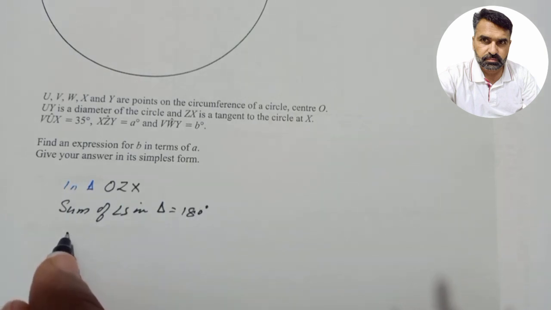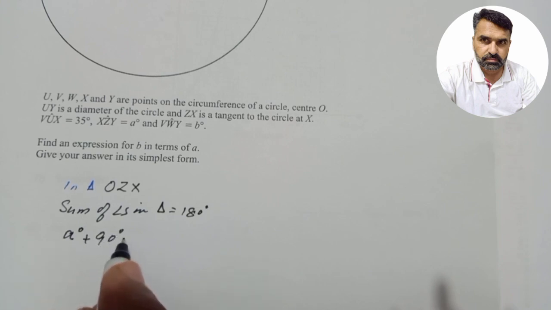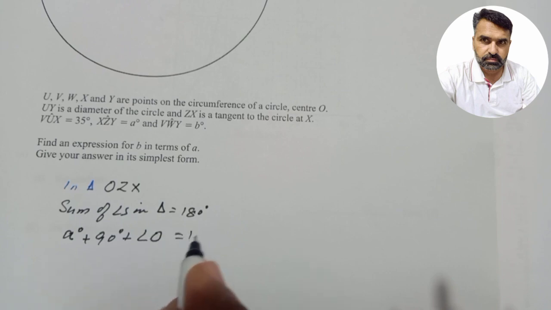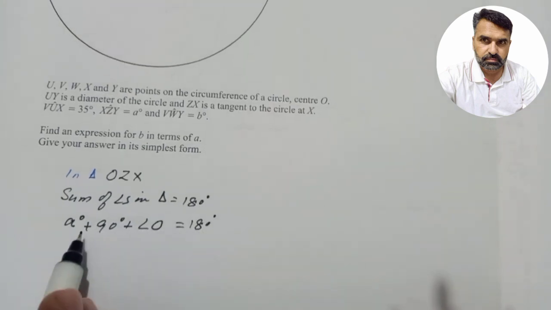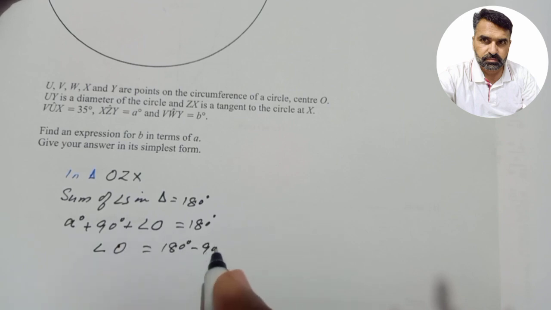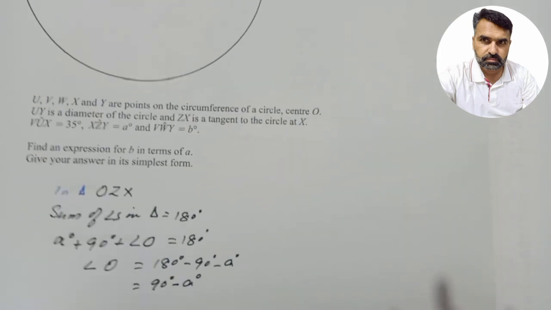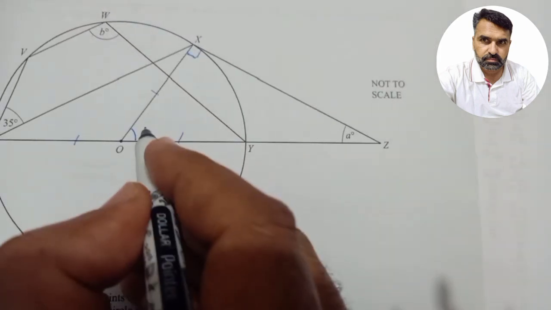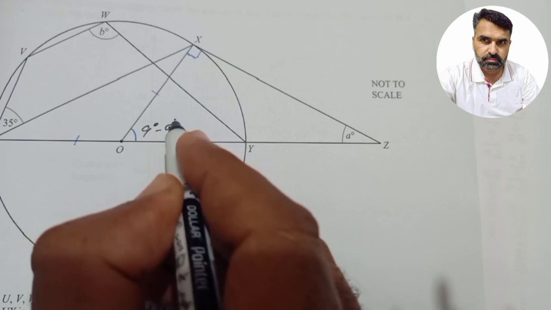So students, angle Z is 8 degrees, angle X is 90 degrees, and angle O we have to find, that is equal to 180 degrees. So the value of angle O will be 180 degrees minus 90 degrees minus 8 degrees. So the calculation will be done as 90 degrees minus 8 degrees. The value of this angle is 90 degrees minus 8 degrees.